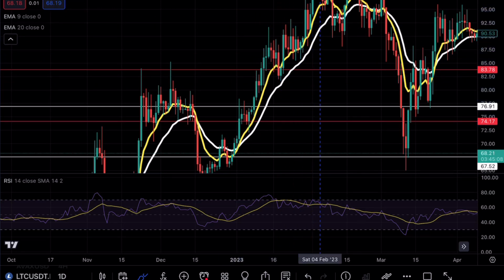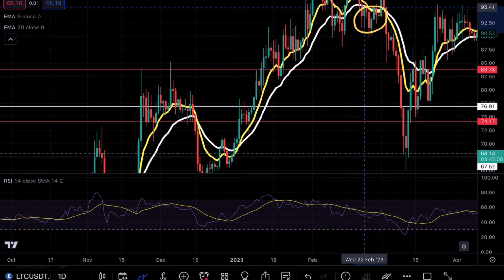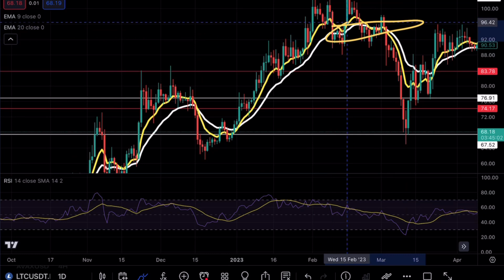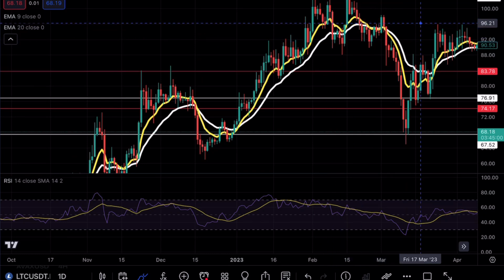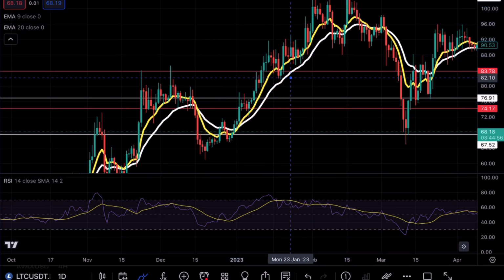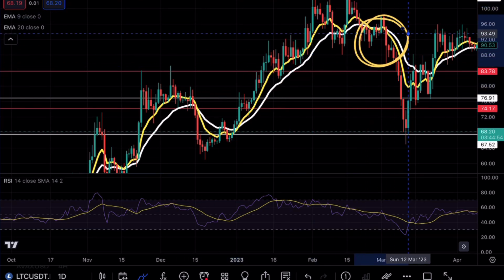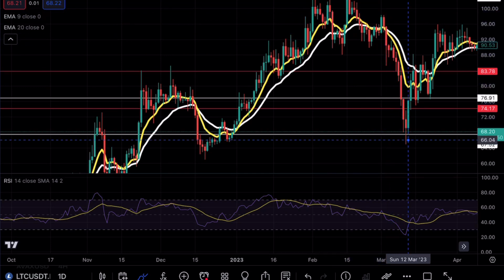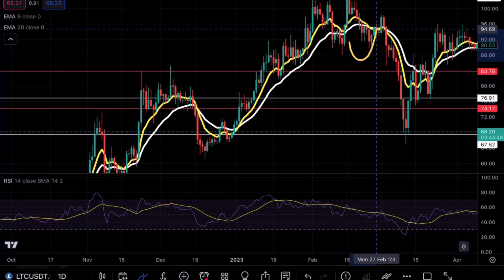But now, if you notice, we actually got a close below, and then we started to use the exponential moving averages as resistance. So you can see that we were using them as support over here. Now they flipped onto resistance, which caused a massive breakdown formation. And guess what? We were using them as resistance.